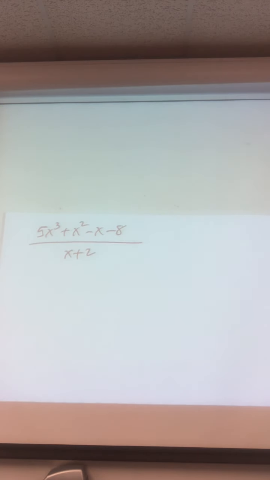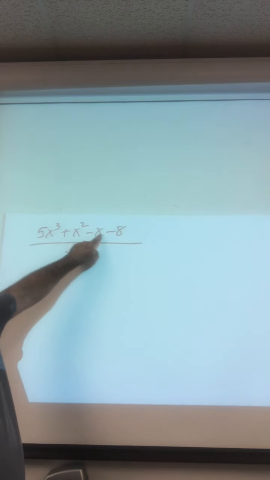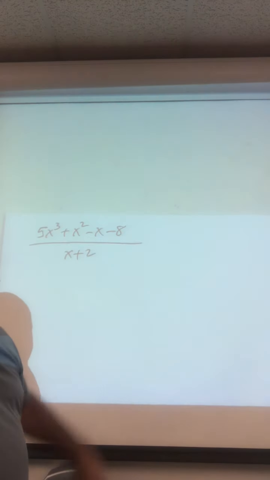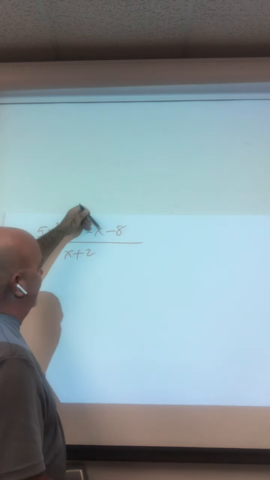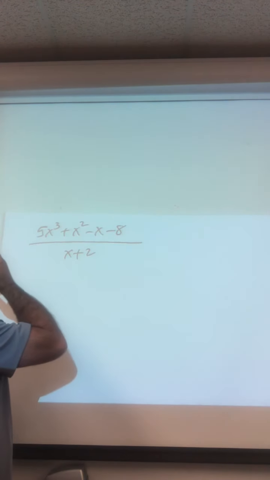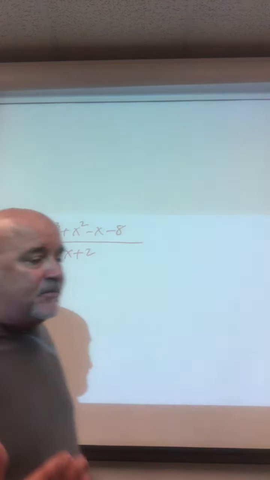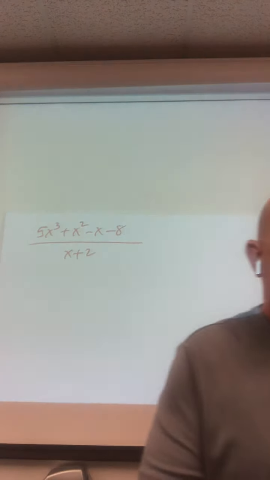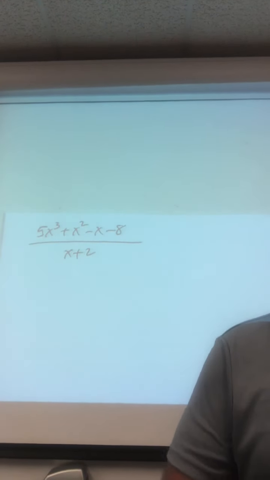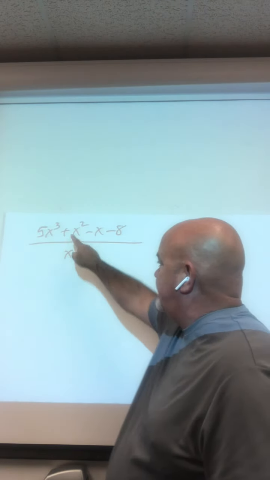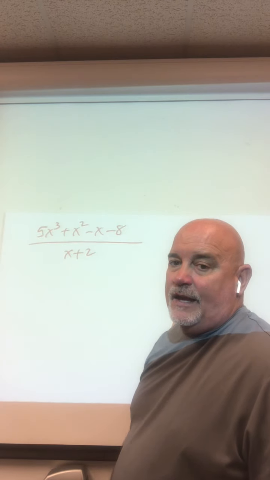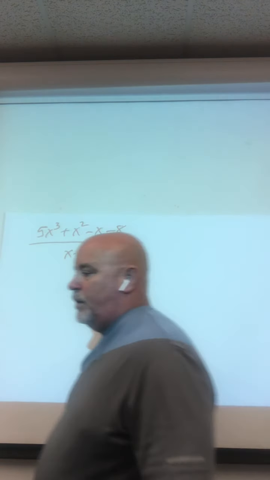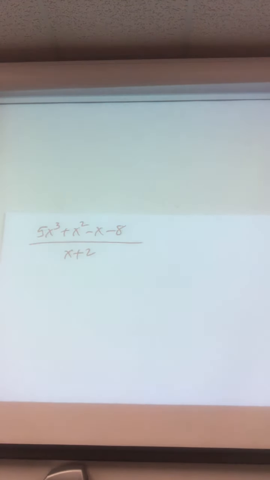Make sure that when this polynomial is written, it's in descending order: x3, x2, x1, and constant. Generally, the problems I give you will already be in descending order. But you need to also watch to see if there are any missing terms. I'll talk about what to do about that in just a minute. But let's do one together for practice.